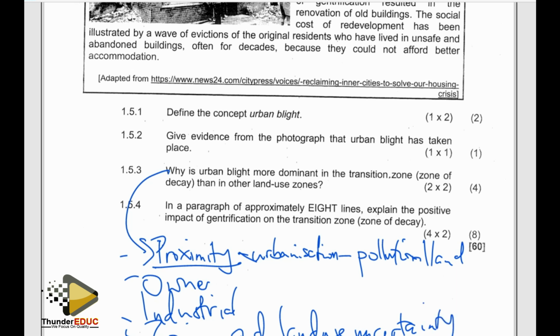We said this zone has got mixed functions, so the future of this zone is not very predictable. It's very uncertain, such that people do not want to invest much in that particular area. For example, if you think of investing, you want to buy a property in the zone of transition, maybe to use for residential purposes.